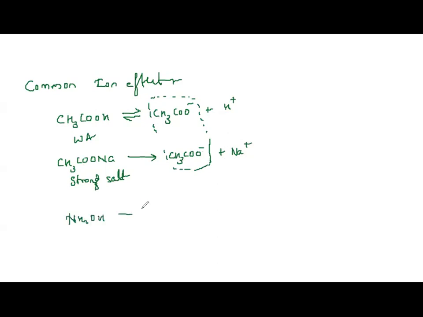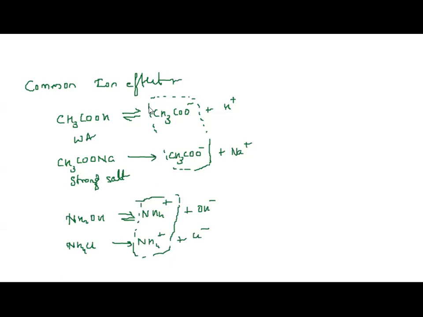It will dissociate partially to give NH4 plus and OH minus. If I add a salt of a strong acid, say NH4Cl, it will dissociate completely and give NH4 plus and Cl minus. So here I have got a common ion. This is called the common ion effect.